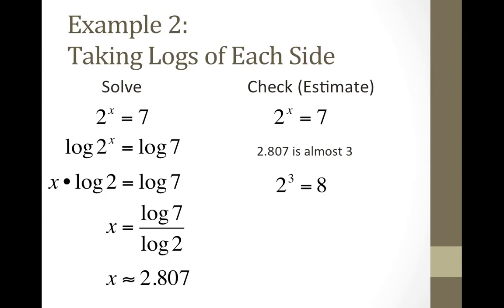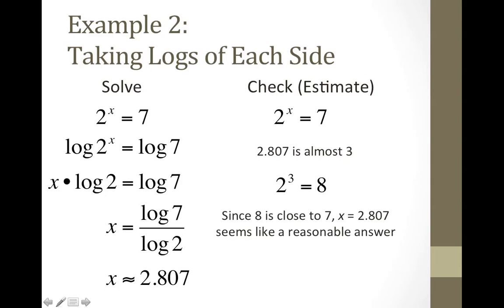So by putting 3 in for x, we can see that 2 cubed would equal 8. And since the answer I was looking for was 7, the fact that 8 is fairly close to 7 makes it seem like 2.807 is a pretty reasonable answer. So we can feel pretty confident that this is indeed the solution.